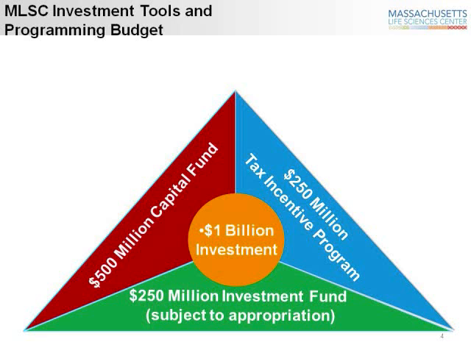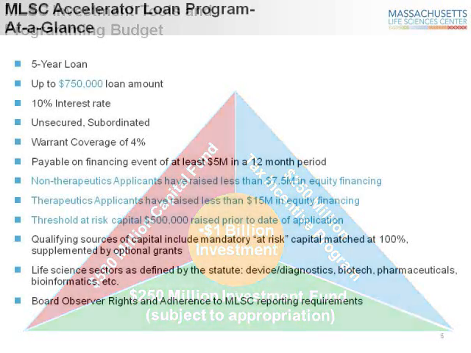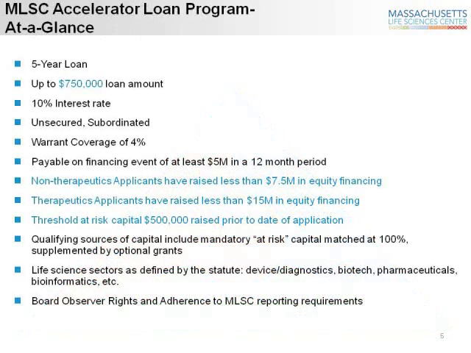And we have $250 million in the investment fund, which is subject each year to appropriation from the legislature. From this pool of funds comes our Accelerator program, as well as other programs for industry. But why you're here today is to hear about the Accelerator Loan Program.